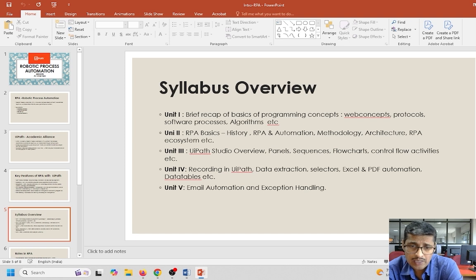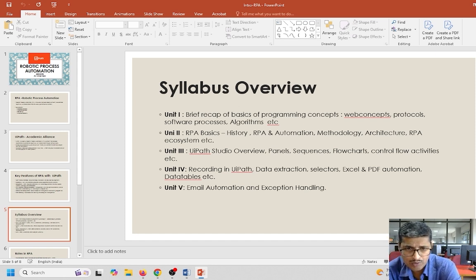Then unit 3 covers everything about UiPath Studio: how you need to install the studio, how the panels are, what the features are, sequences, flowcharts, flow activities, what the different possible options are, how to connect one activity to another, how to take different activities, whether Excel, PowerPoint, or Word, and how to do the mail activity.